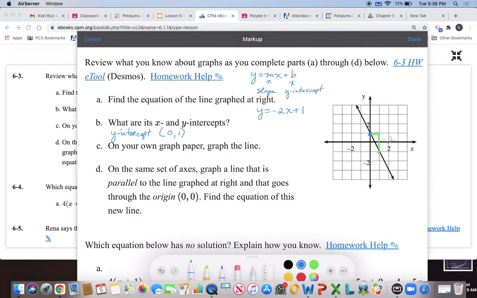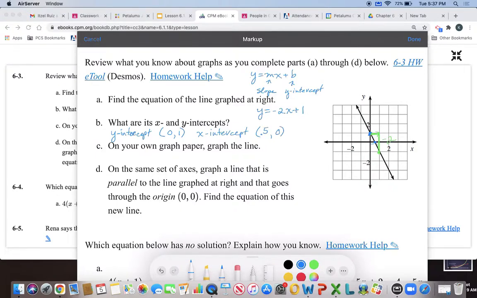So the coordinates for the y-intercept are 0 and 1. Now the x-intercept is going to have a y value of 0 because it's the point where the line crosses the x-axis. And here it looks like it crosses the x-axis at about 1/2 or 0.5. So I'm going to put 0.5 for the x-axis.